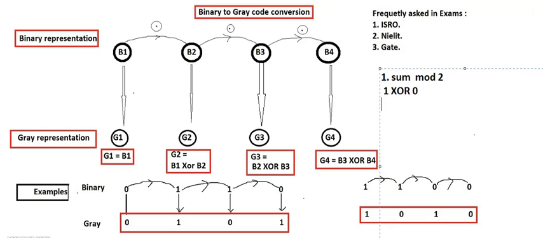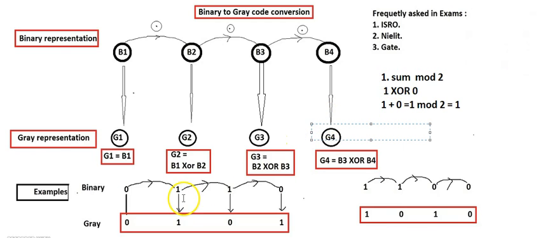So we can find the sum first. 1 plus 0 is equal to 1 and 1 mod 2 is equal to 1. So as you can see, I have made 0 XOR 1 as 1.